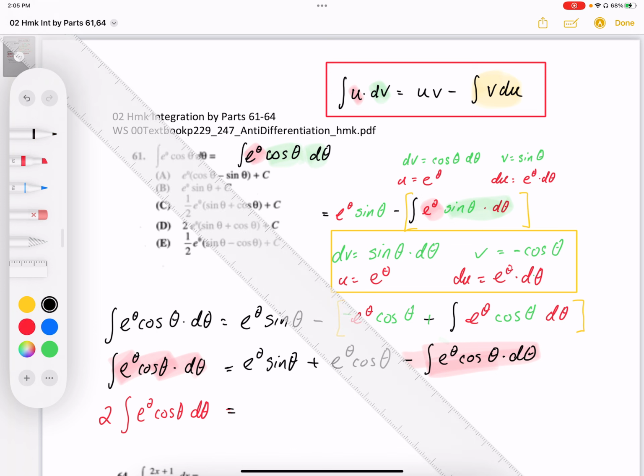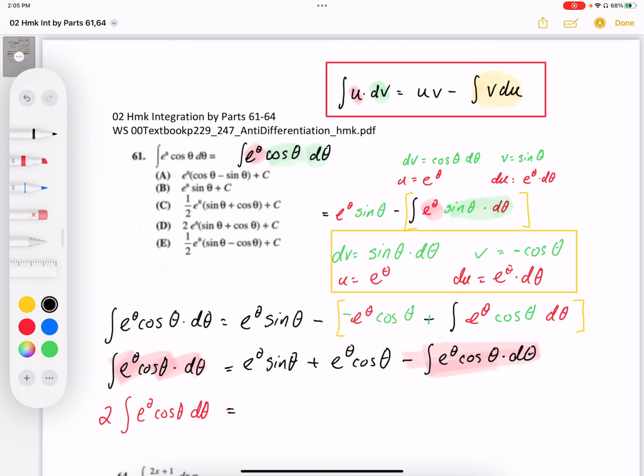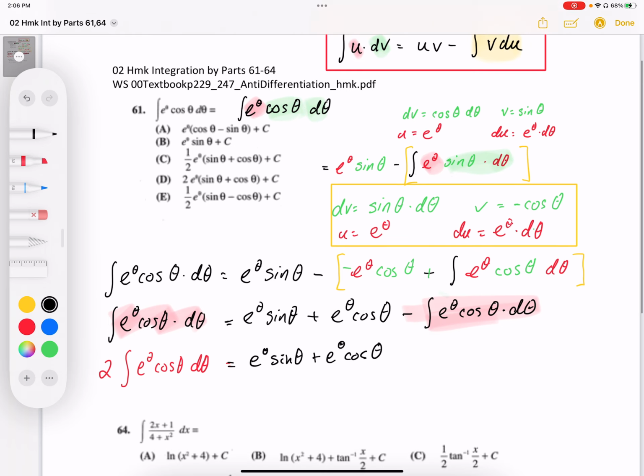What I wanted to really find was the value of the integral of e^θ cos θ dθ. I just need to take what's on the right hand side and divide by 2 to get rid of the times 2. So e^θ sin θ plus e^θ cos θ, and then we just divide both sides by 2 and we get our answer.